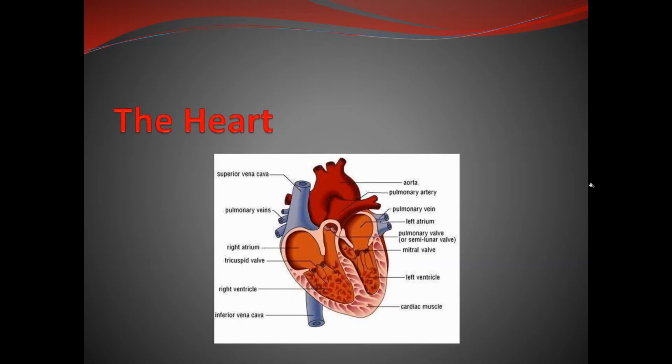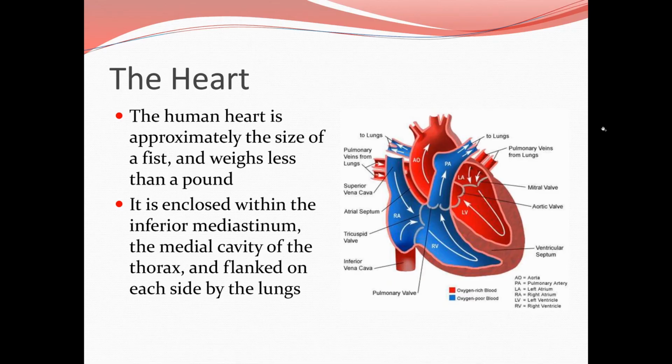Here's a general picture of the heart. Obviously, this is colorized and labeled. As far as size, if you make a closed fist with your hand, either one, that's approximately how big your heart is. It weighs a little bit less than a pound. It's enclosed with a bunch of other stuff, and it's sandwiched right in between both lungs.